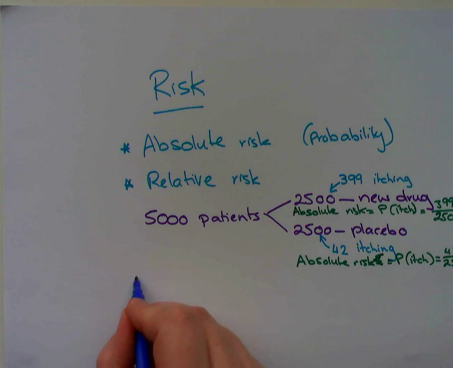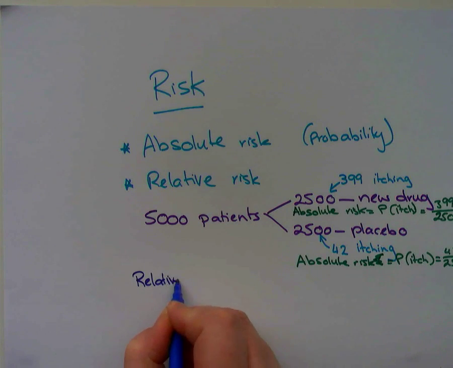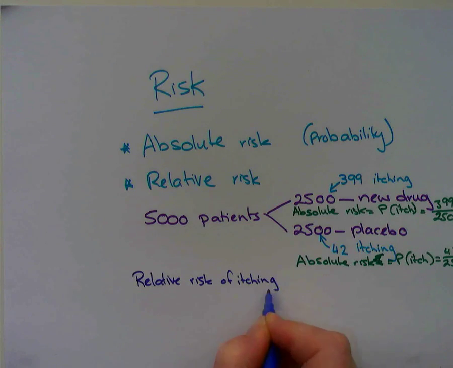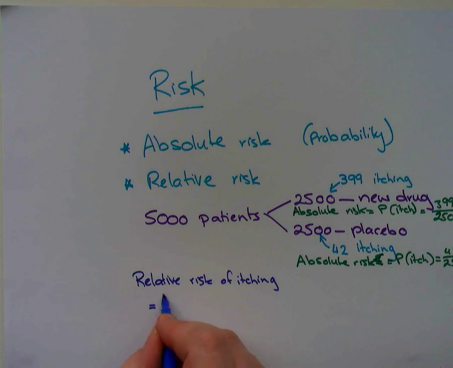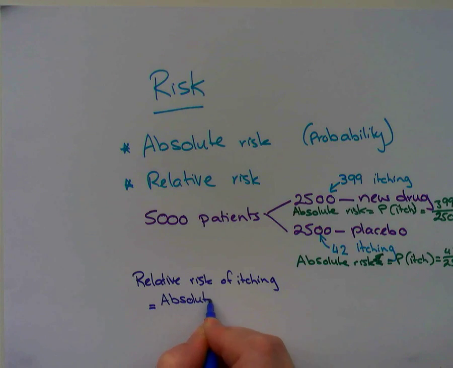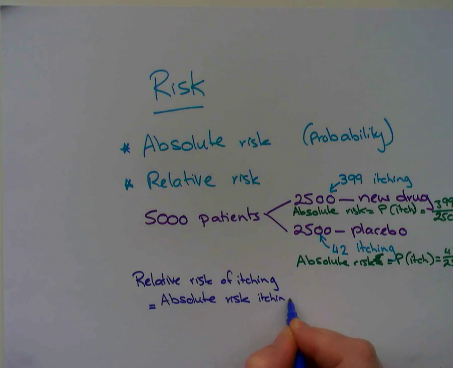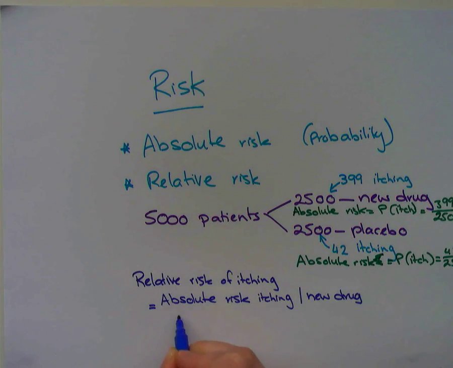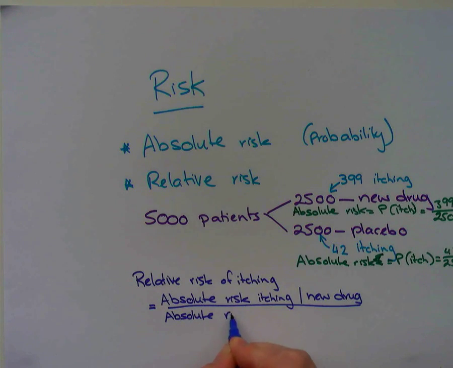So if I ask for the relative risk of itching, I want the absolute risk of itching given that they are in the new drug group, compared to the absolute risk of itching given that they are in the placebo group.